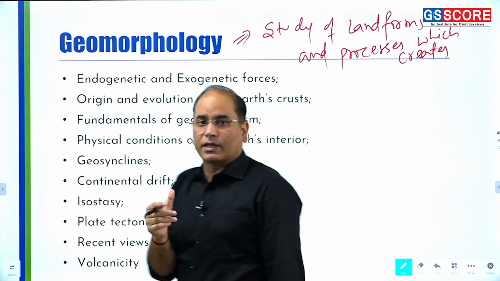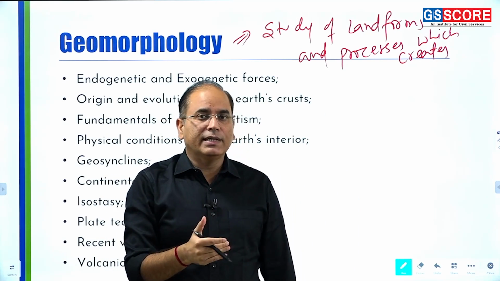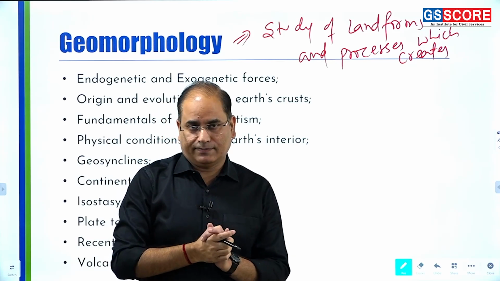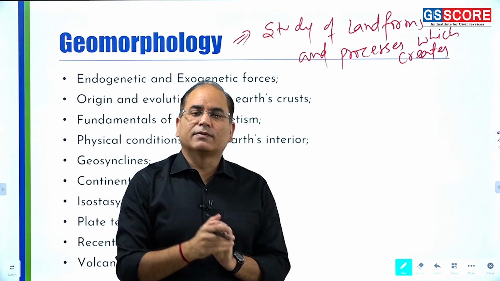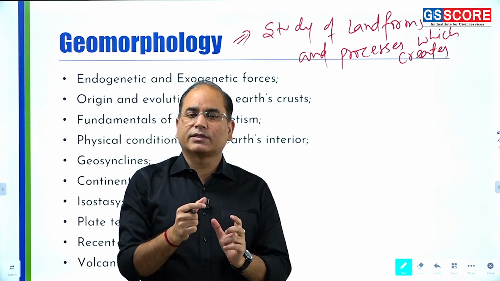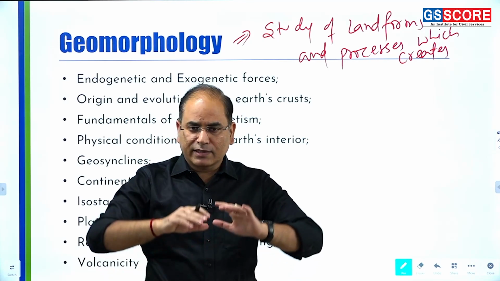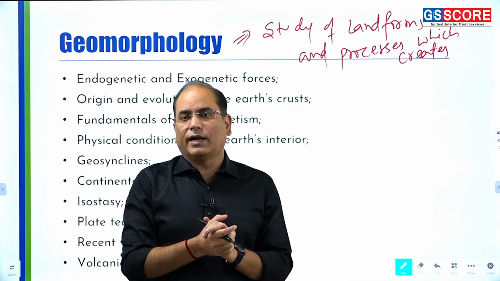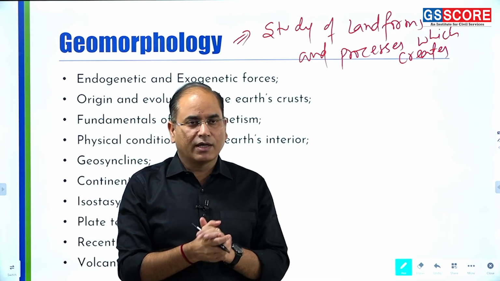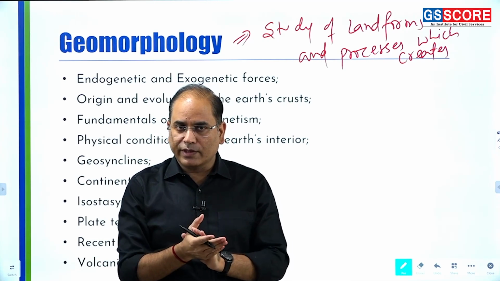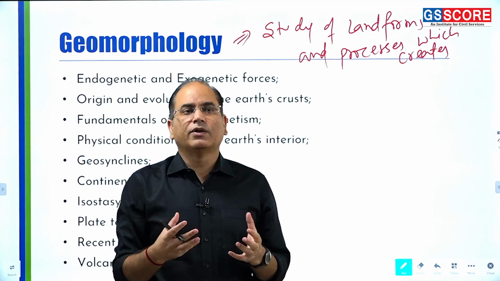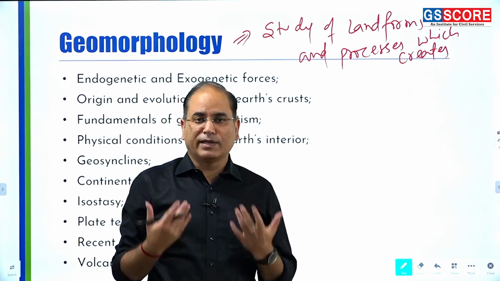So, this is a chapter which primarily deals with the landform, the solid part of the earth, because geography is mainly concerned with the study of the earth's surface, but the study of the earth's surface is not in a literal meaning, it is in a broad scope. Primarily we have 3 major spheres on the earth's surface, that is hydrosphere, atmosphere, lithosphere, and combinedly they give birth to the biosphere, which is the zone where living is possible.